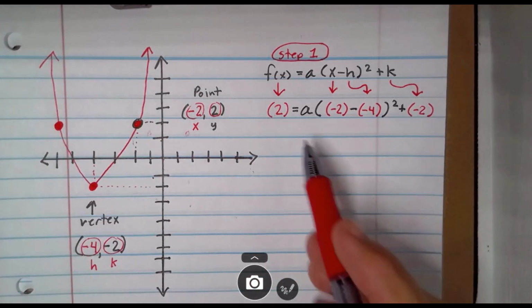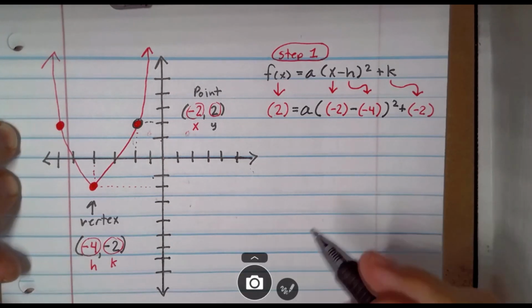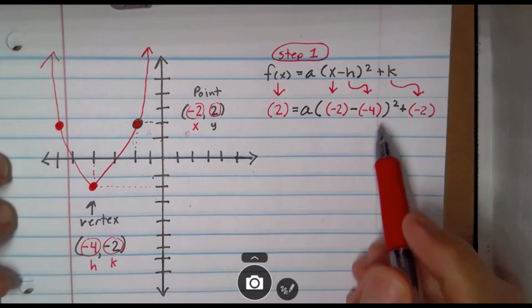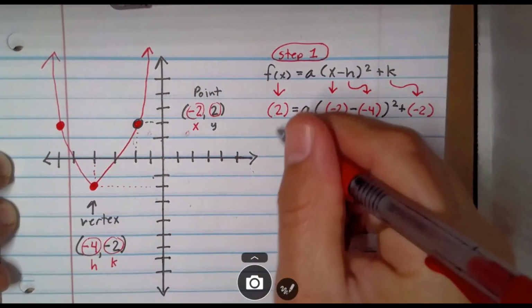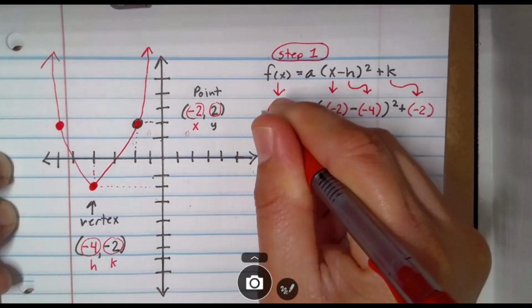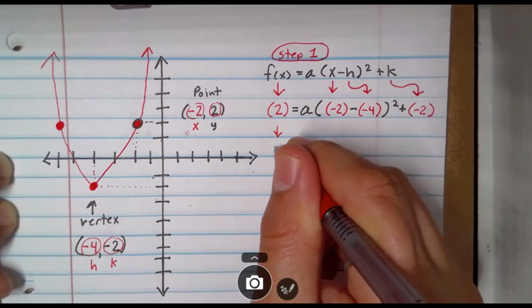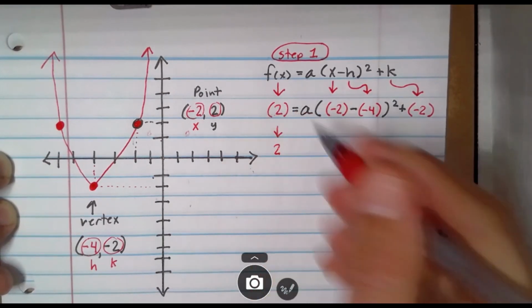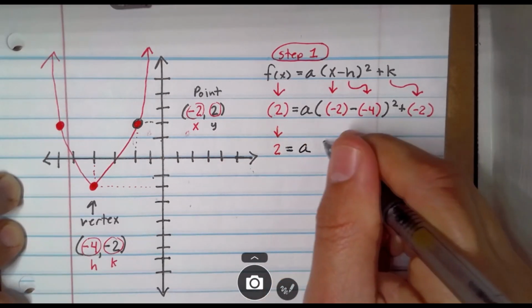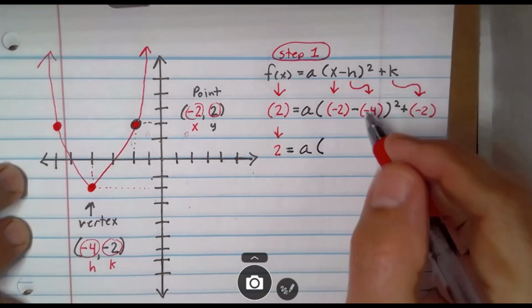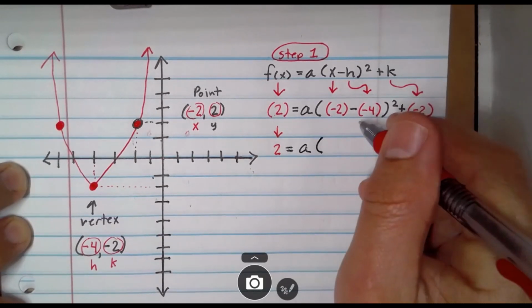And now we're just going to solve for a. Notice we've got a lot of negative signs going on, so this is a good problem. We're going to use some distributive property. This one has no negative sign in front of the parentheses, so I can just drop the parentheses, because positive 1 times 2 is just 2. And this is equal to a times, but before I go any further, I'm going to start distributing.